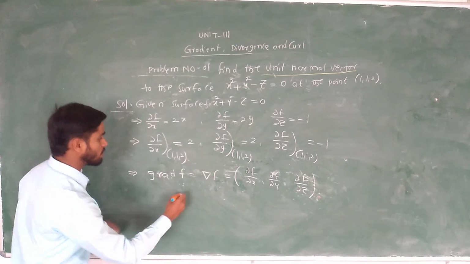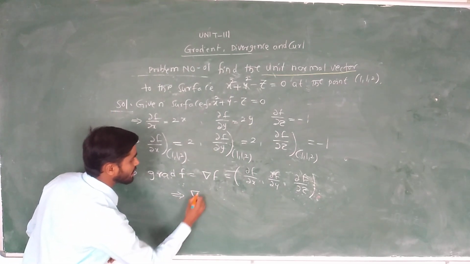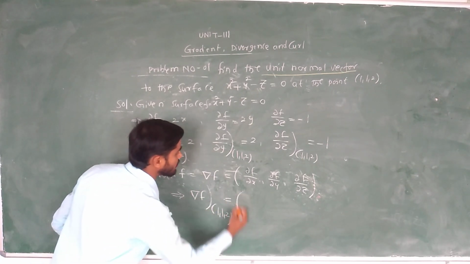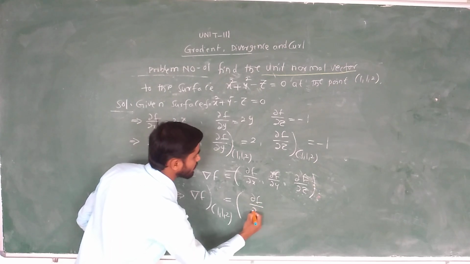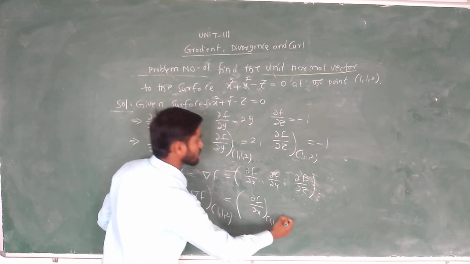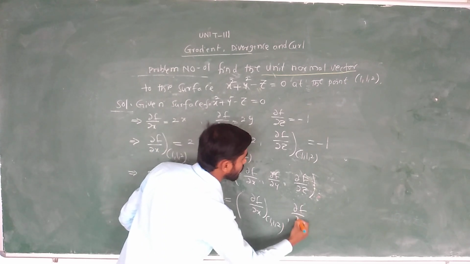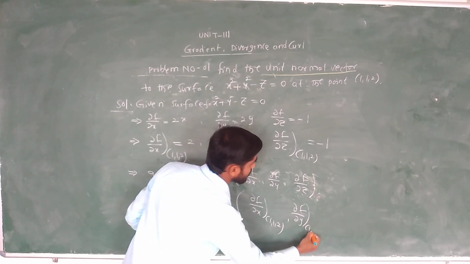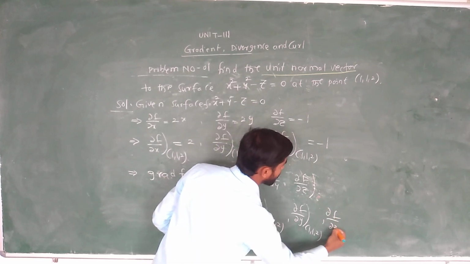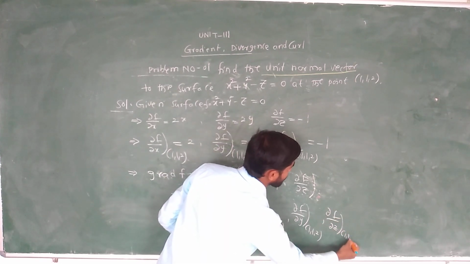Therefore the gradient of f at the point 1, 1, 2 is equal to dou f by dou x at the point 1, 1, 2, dou f by dou y at the point 1, 1, 2, dou f by dou z at the point 1, 1, 2.